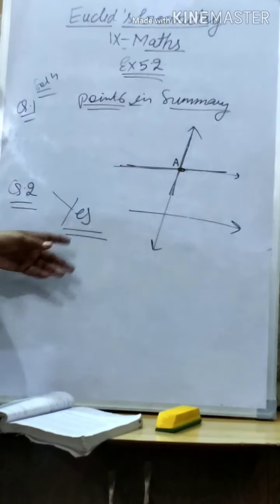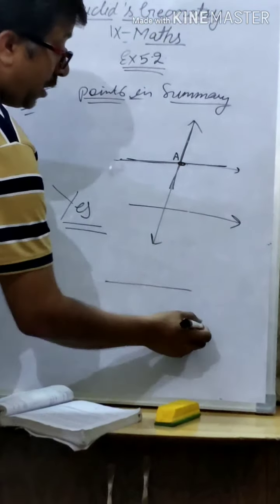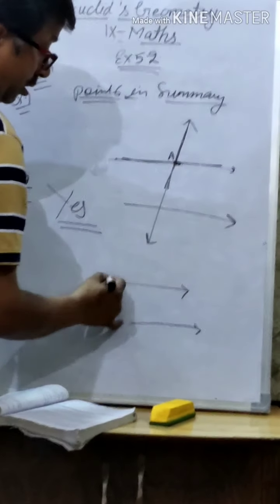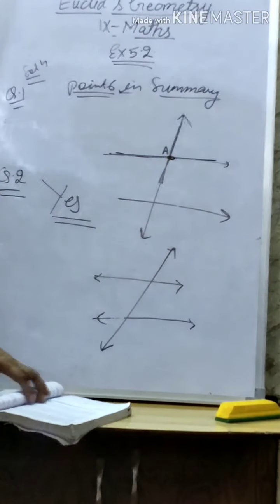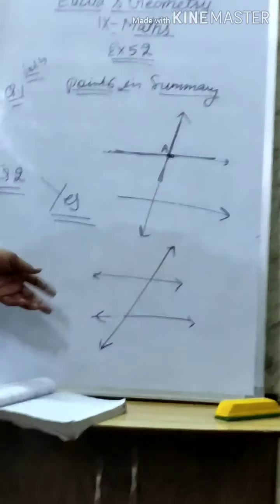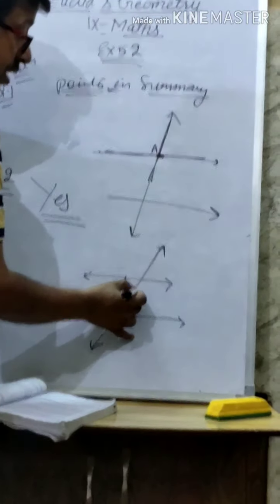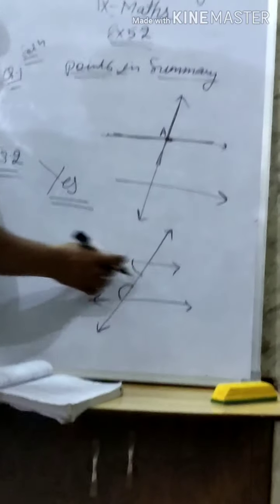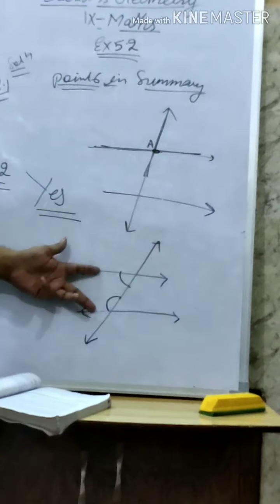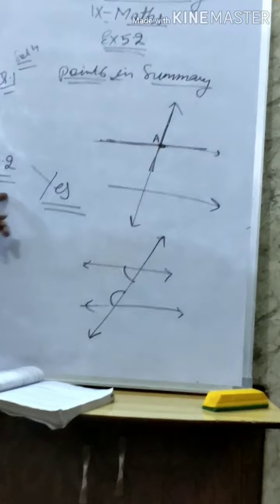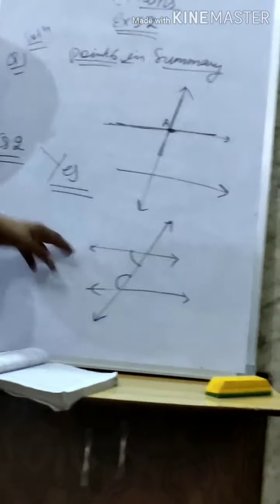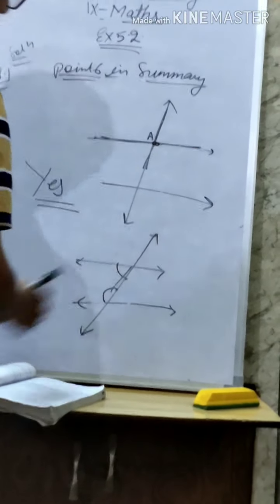Because if two lines are intersected by a transversal, the fifth postulate says that if the sum of interior angles is less than two right angles, then the lines will intersect in that direction. But this question is asking whether it implies parallel lines. Check this.